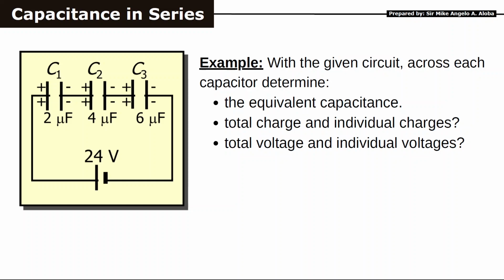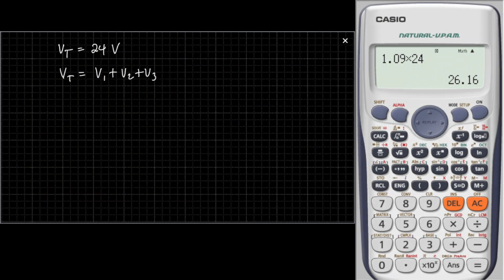So we all know that it's 24, but remember, that's a total. So how can we solve for the individual voltages? Remember that capacitance is charge per unit of voltage.